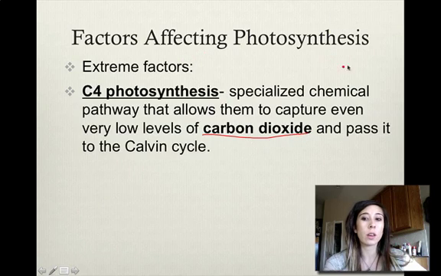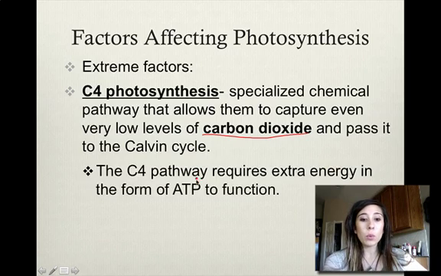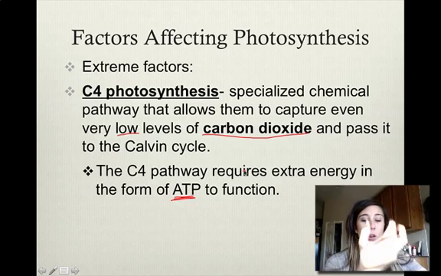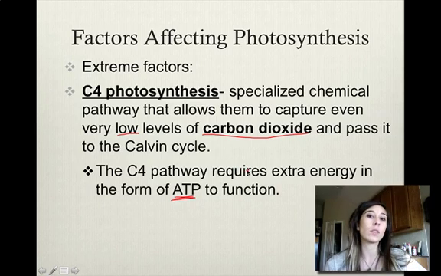And so these are things that have occurred in plants, adaptations over time, changes over time in these plants. And so it will require a bit of extra energy in the form of ATP to function, but it's requiring low levels of carbon dioxide to be put into the Calvin cycle.